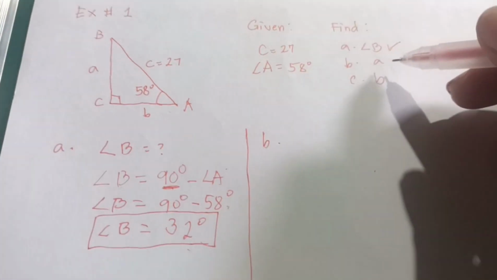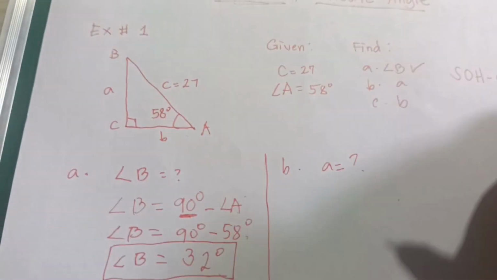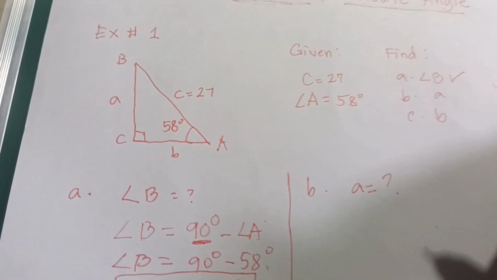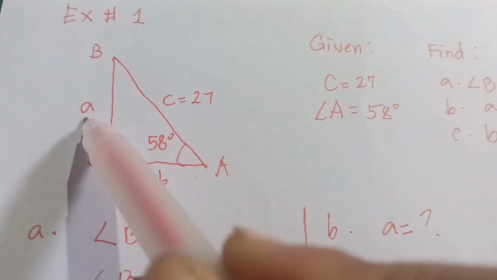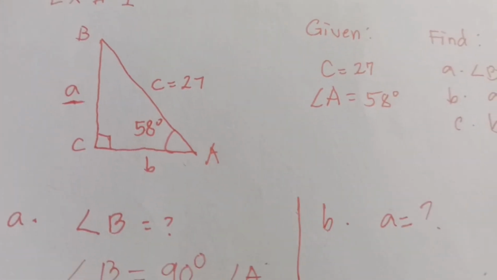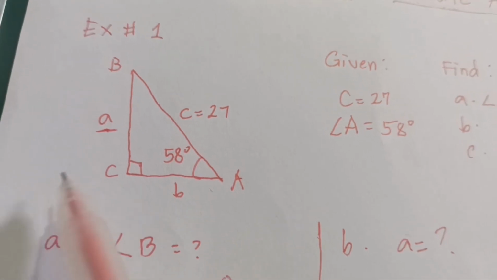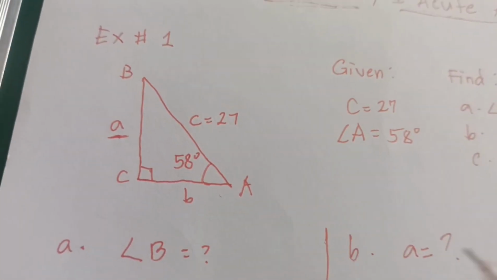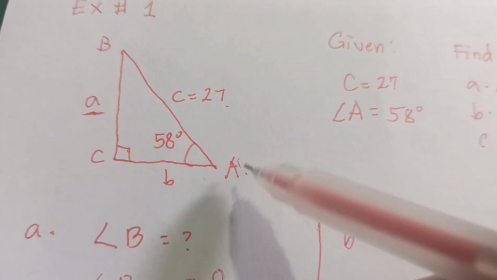Next, letter B. So we're going to solve for side A. First, we are going to locate side A on our figure. So we have here side A. And in order to know what formula to be used, we are going to relate side A to the given, which is the hypotenuse and one acute angle.